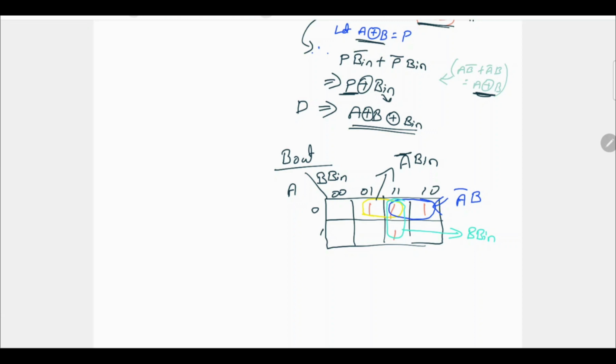Now if we add all this, we get B out is equal to A bar B in plus B in plus A bar B. So this is the final equation for borrow out.